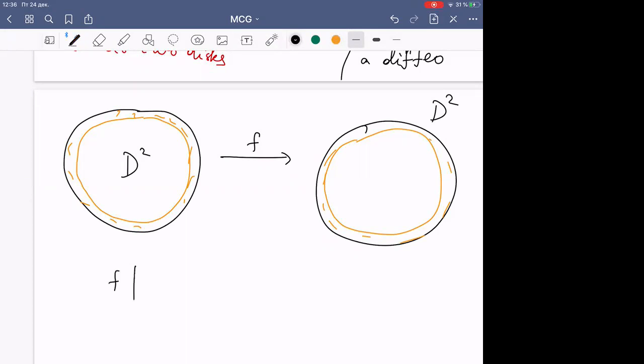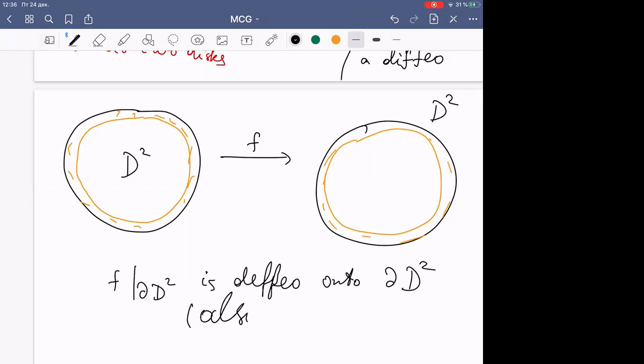So F on the boundary is a diffeomorphism onto the boundary, and also on regular neighborhoods. And we would like to prove that F is homotopic to a homeomorphism. Actually it is homotopic to a homeomorphism relative to the boundary. We do not want to change F on the boundary.